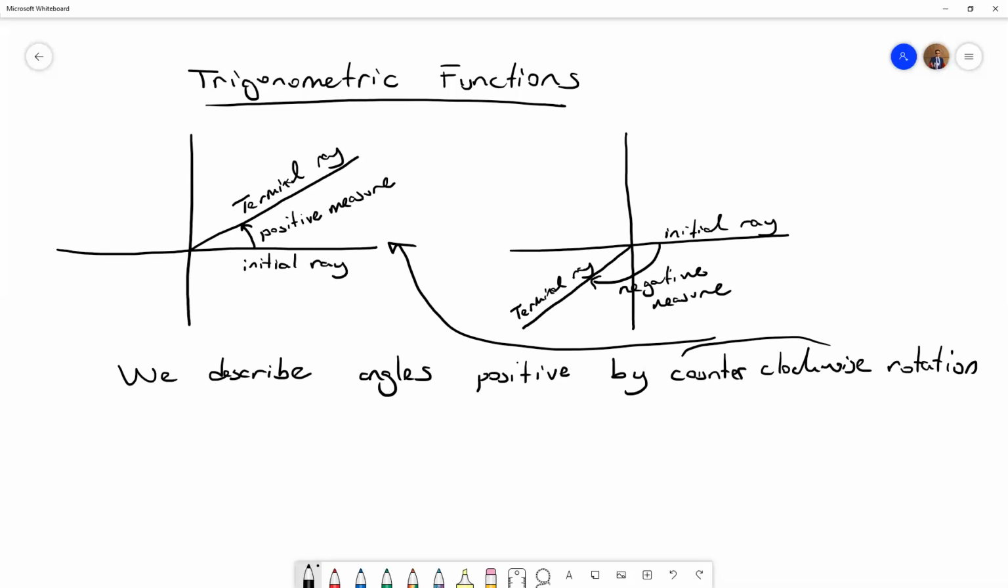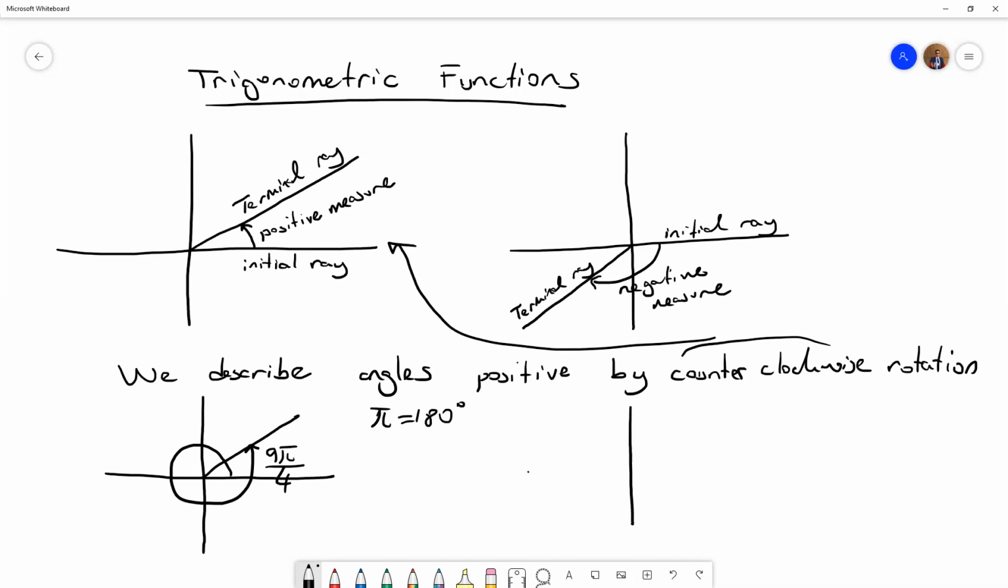And we can also measure such as like that. This may be, say, P is equal to 180 degrees, and say this one is 9P over 4, and also this may be easily found.